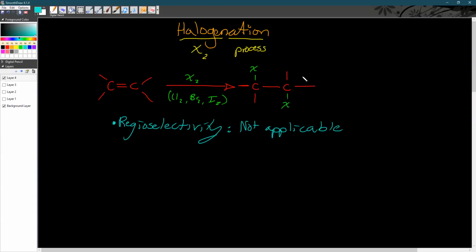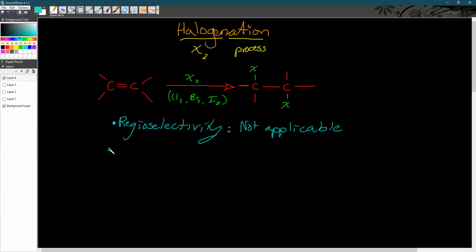So we can't say this is Markovnikov or not because they get the same thing. Technically, you could say this is a Markovnikov reaction, but for all intents and purposes, they're getting the same thing. We don't care, right? The more and the less substituted carbon are getting the same thing.